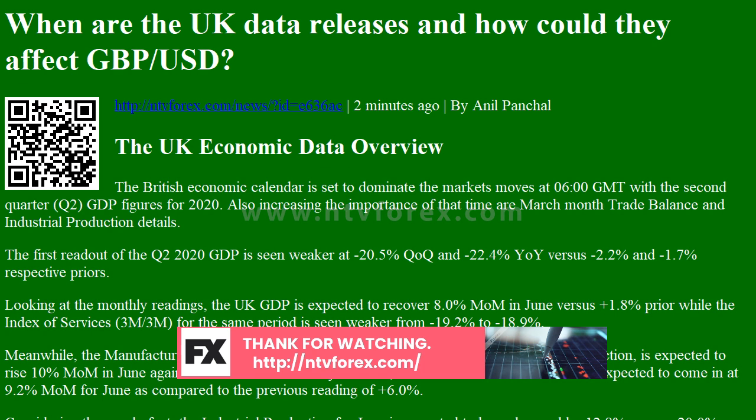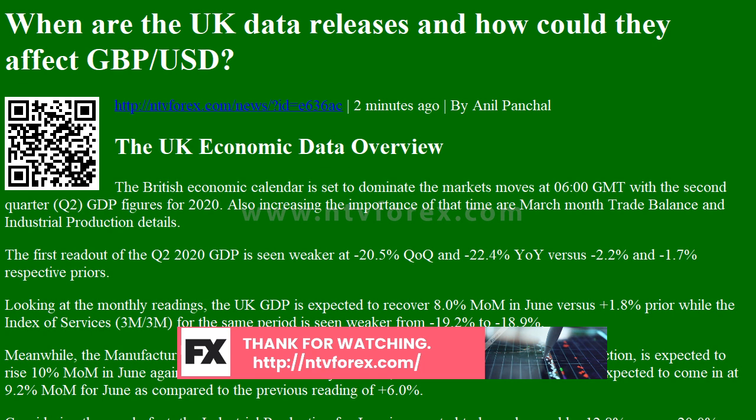Further, the total industrial production is expected to come in at 9.2% MoM for June as compared to the previous reading of 6.0%. Considering the yearly fact, the industrial production for June is expected to have dropped by 12.8% versus 20.0% previous, while the manufacturing production is also anticipated to have declined by 15.0% in the reported month versus 22.8% last.